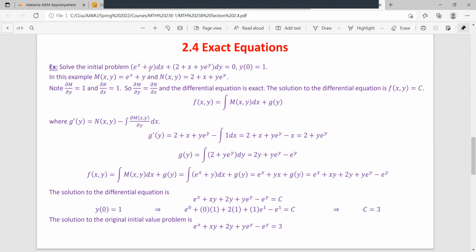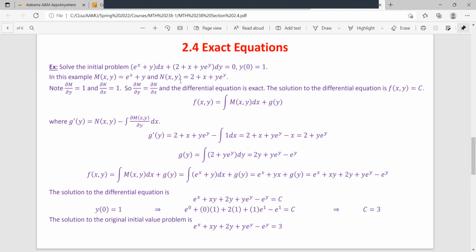Remember, a differential equation can be written either in the differential form or with derivatives. Okay, they are equivalent. So if the equation is written in terms of y prime, then you can rewrite the equation into the differential form.